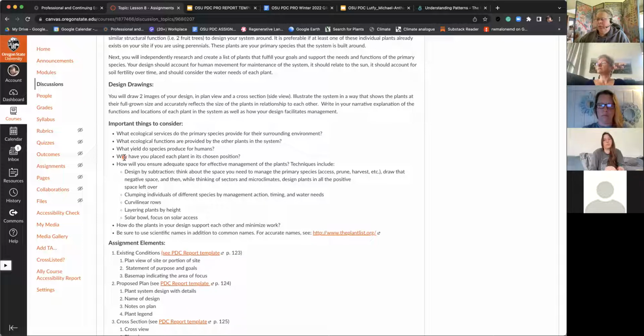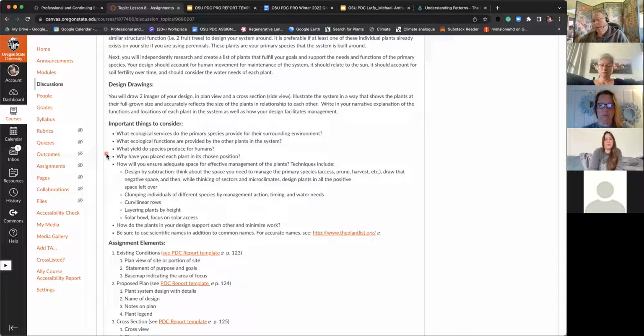Why have you placed each plant in a chosen position? You know, that might be actually quite hard to answer. If I had to give an answer for every single plant I put on a drawing, that might be tough. But it's worth considering the microclimate or the specific area that you're placing these plants and whether they match up with the needs of the plants.